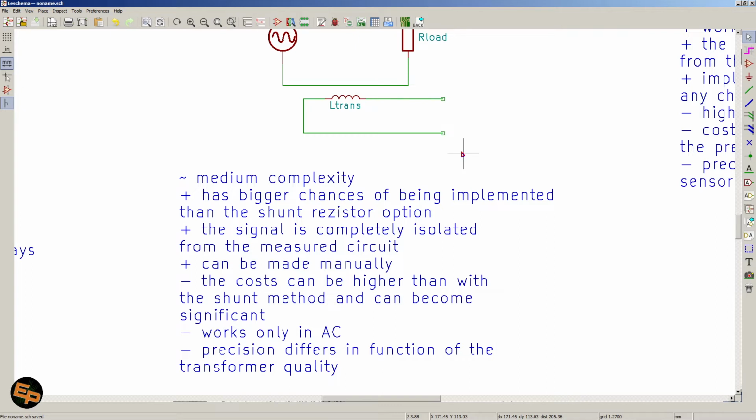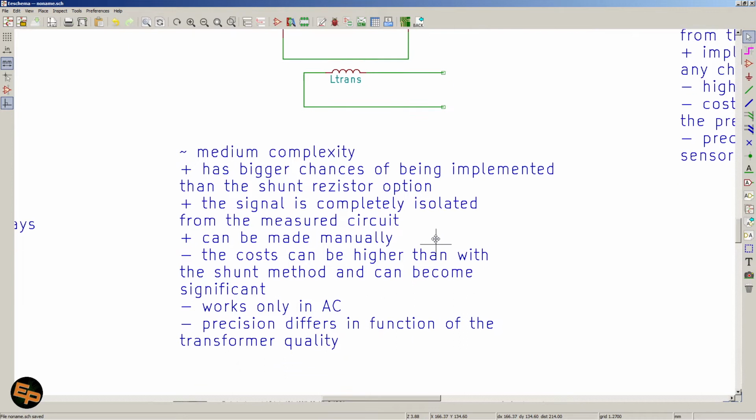But fortunately, we don't always need high precision measurements, especially if we only care about the value of the current and not the shape of the waveform itself. Then this might not be a problem.